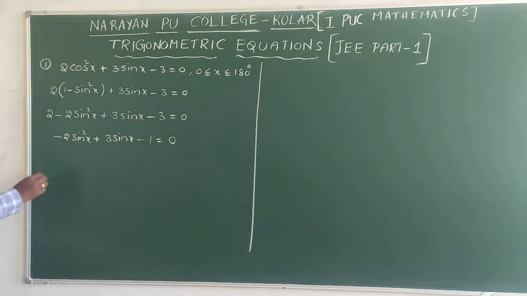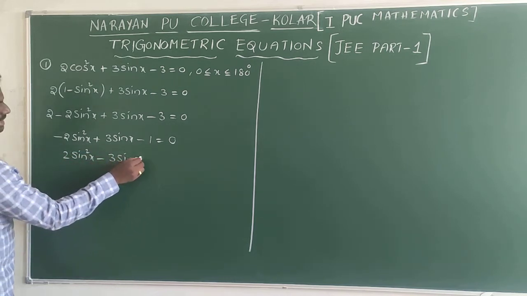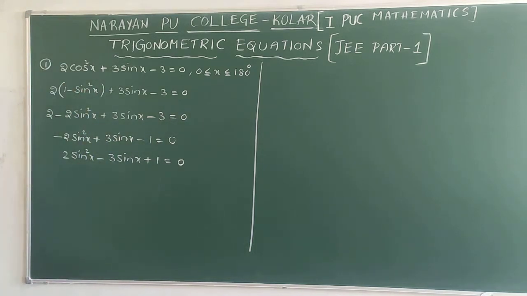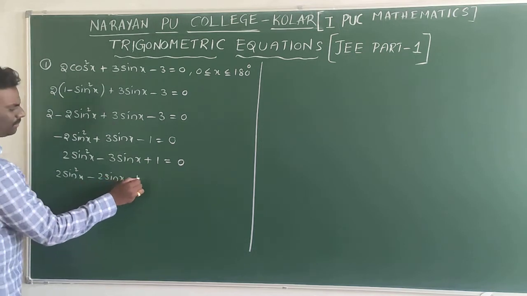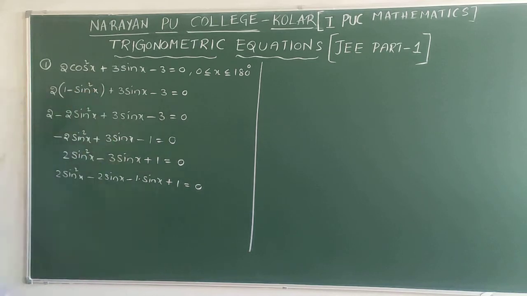If you take minus common, 2 sin square x minus 3 sin x plus 1 equals to 0. You solve this quadratic equation. 2 sin square x, this minus 3 sin x can be written as minus 2 sin x minus 1 sin x plus 1 is equal to 0.